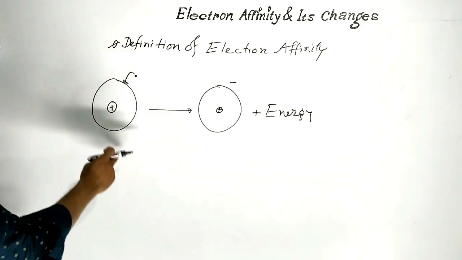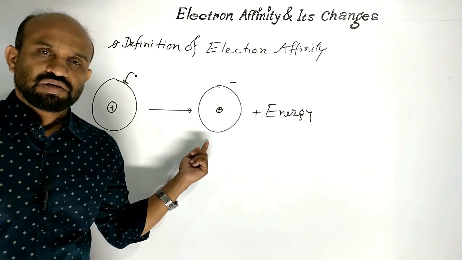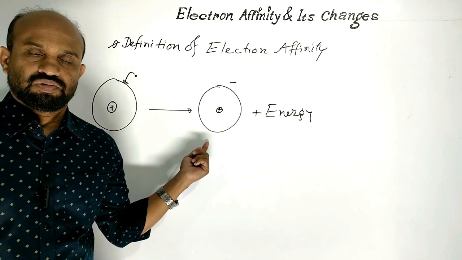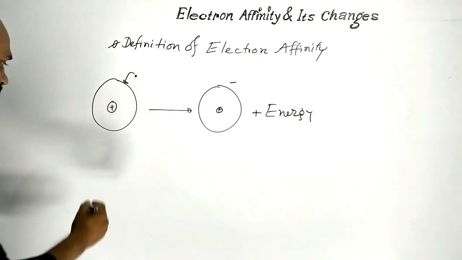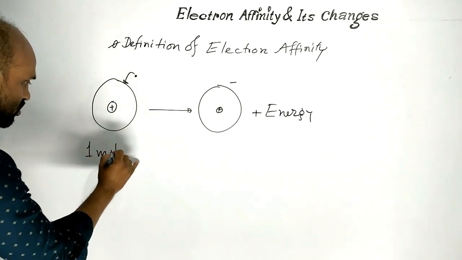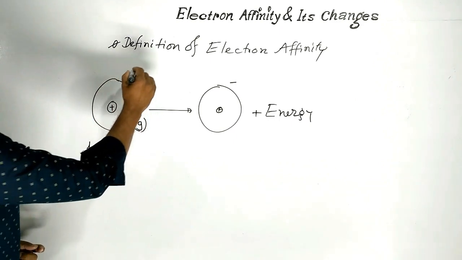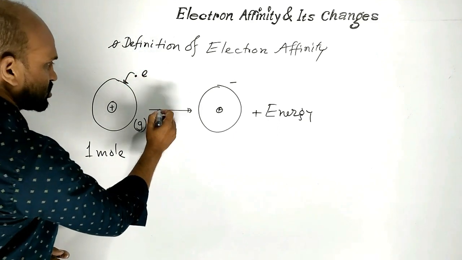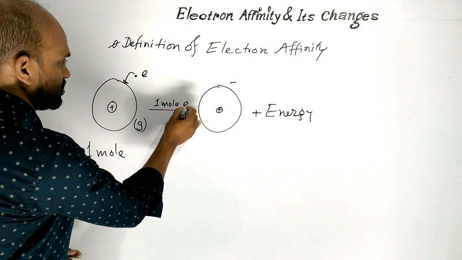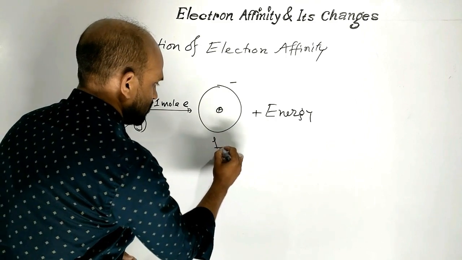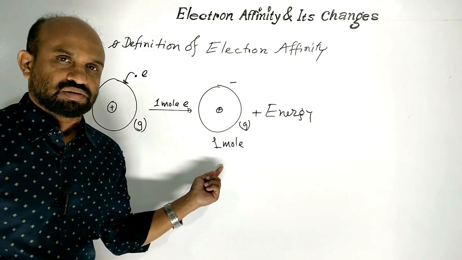Here just one atom is shown, but it is impossible to deal with one atom. So 1 mole of atoms is considered. That is, here 1 mole of gaseous atoms, here 1 mole of electrons, then 1 mole of uninegative ions.